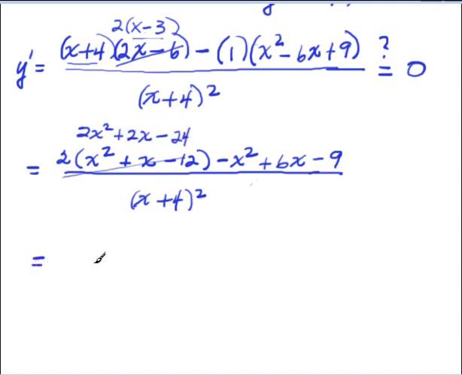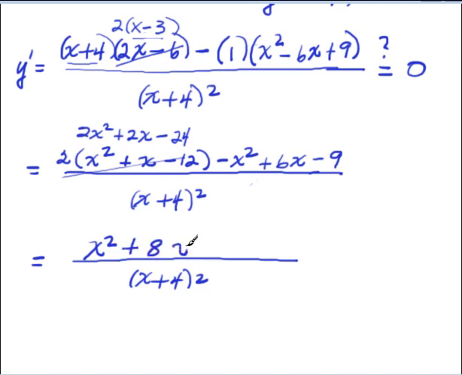All right, let's combine our like terms in the numerator. We have 2x squared minus x squared, so that's x squared. 2x plus 6x, that's plus 8x. And then we have minus 24 minus 9, so that's minus 33.